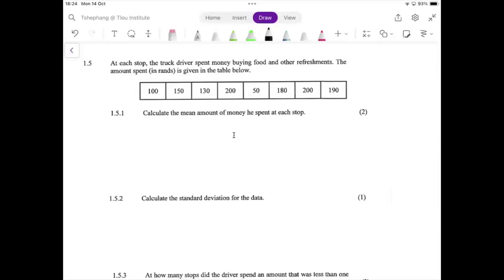So x bar is equal to the sum of xi over n, meaning that we just need to add everything up. That should be 1,200 divided by 8, and that should give you 150.